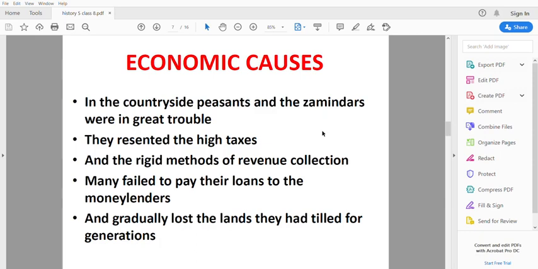As you know, there were different revenue collection systems such as the permanent settlement and the Mahalwari system. Many failed to pay their loans to the moneylenders and gradually lost the land they had tilled for generations.